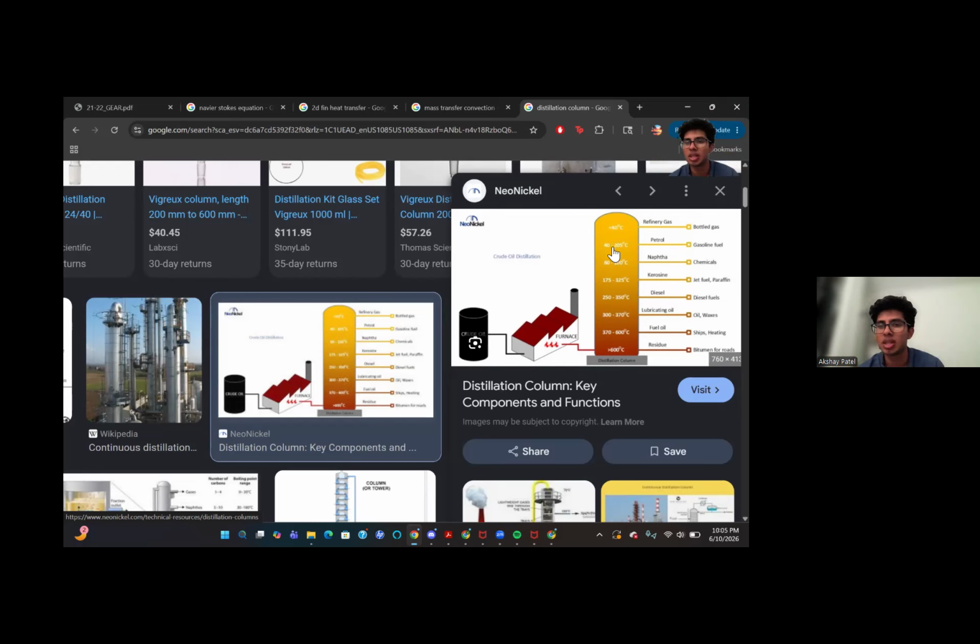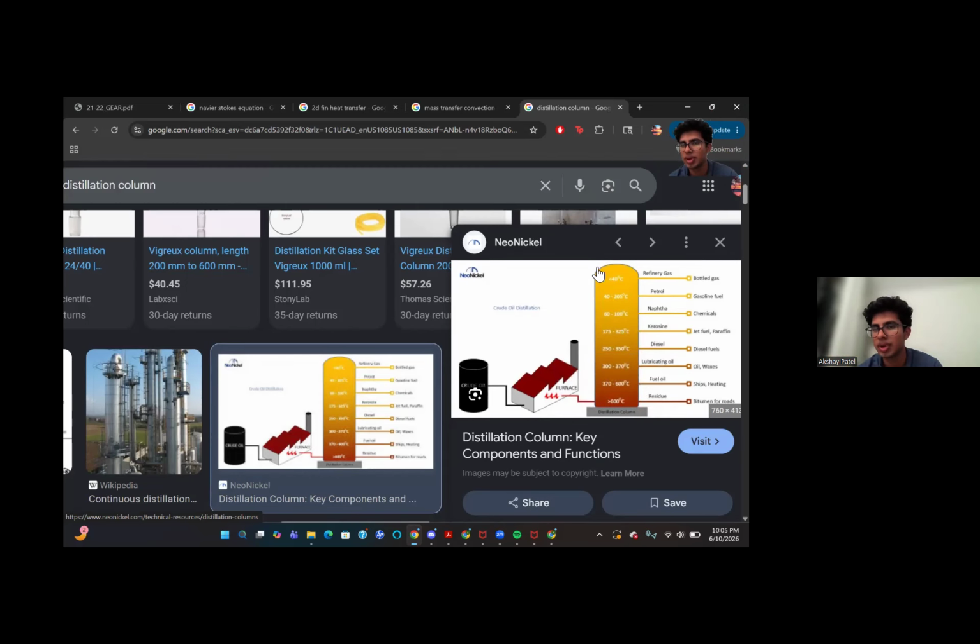And because of their lower boiling point, that's why it's cooler at the top, and then it's hottest at the bottom. So at the bottom you get out your heavy oil elements, and at the top you get your light oil components and stuff like that.